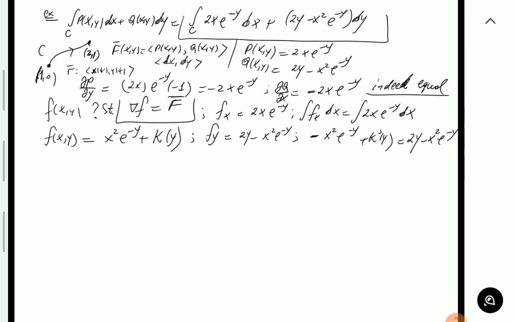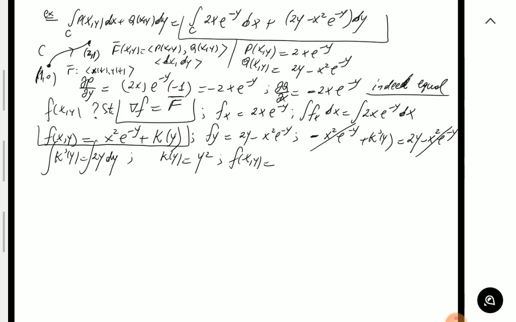Once again, if indeed this is conservative and all my computation is correct, anything that depends on x should cancel, and you're left with k prime of y equals 2y. Integrate one more time with respect to y, so that gives me k of y equals y squared, and let's not add any constant at this point. So then the potential of this vector field is x squared e to the minus y plus y squared.